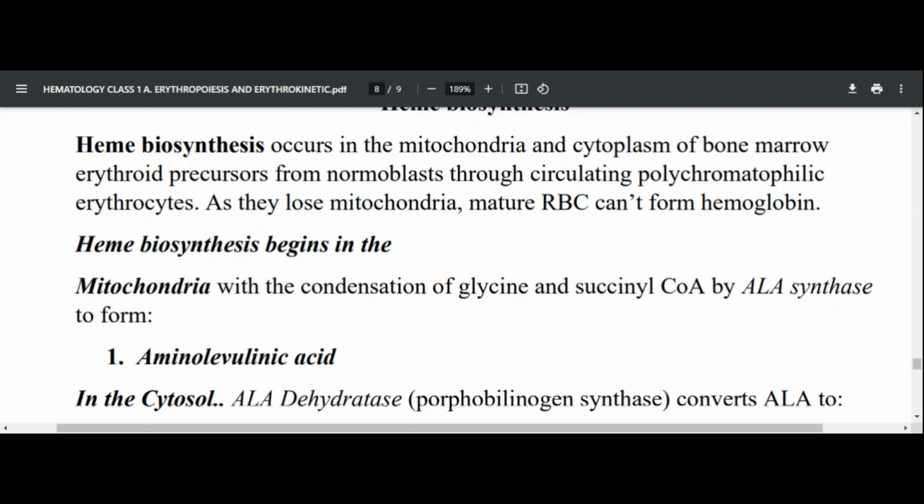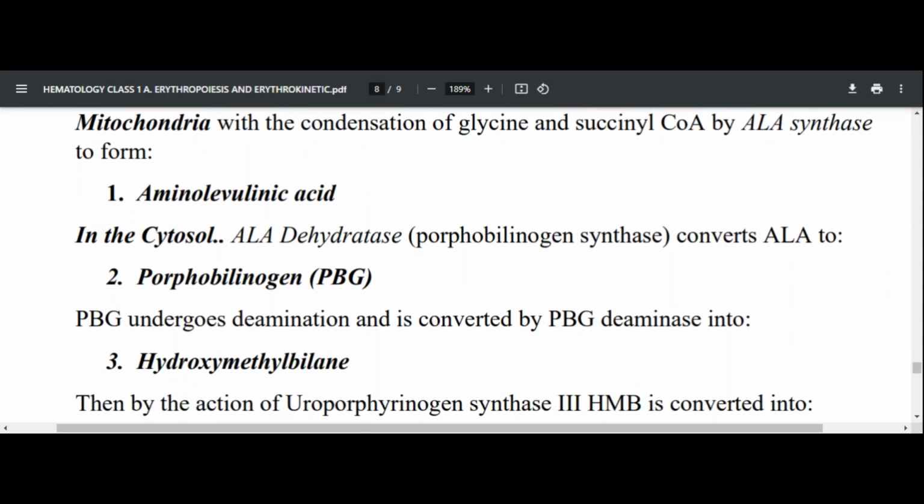condensation, that is of course combining two things by the loss of a water molecule, of the glycine amino acid plus succinyl coenzyme A by the enzyme aminolevulinic acid synthase, and this condensation is going to produce aminolevulinic acid.